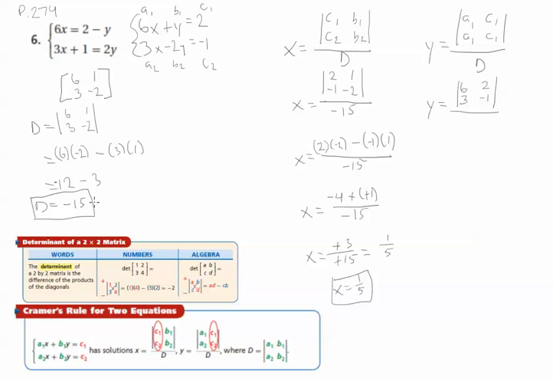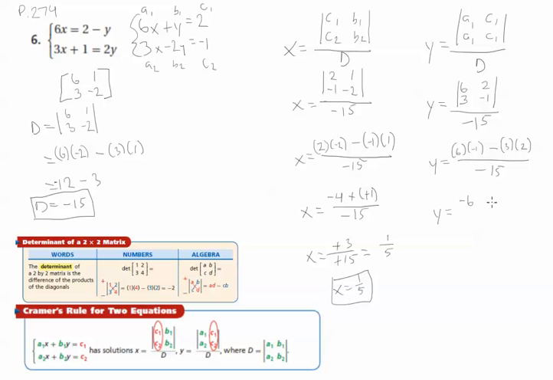And my D, again, the determinant of my coefficient matrix, is negative 15. Y equals 6 times negative 1 minus 3 times 2, all over negative 15.